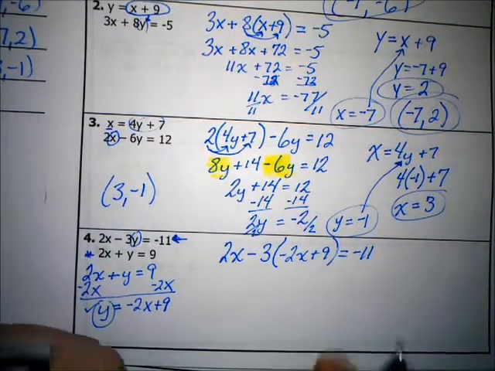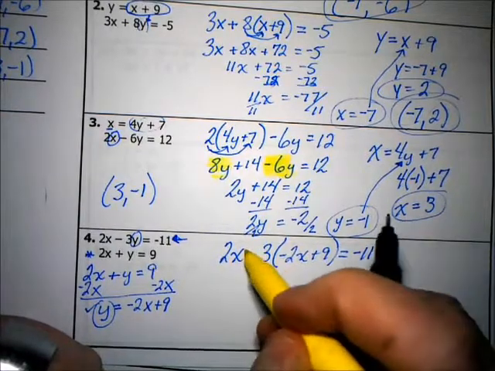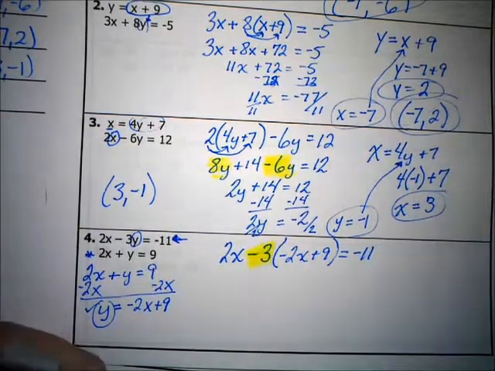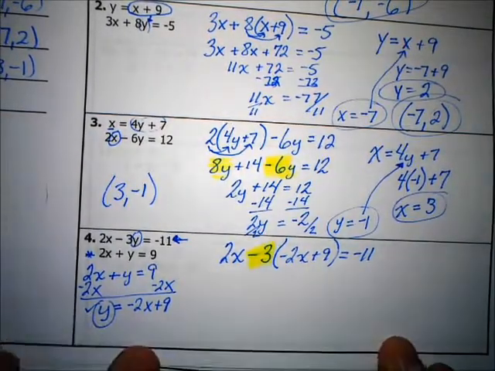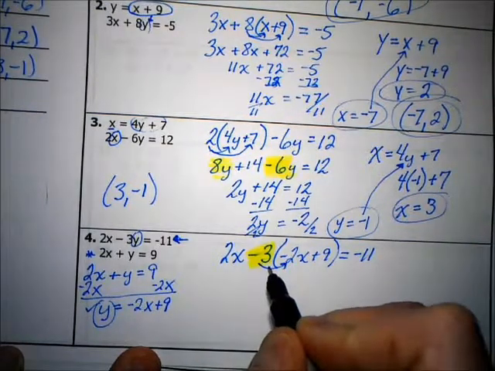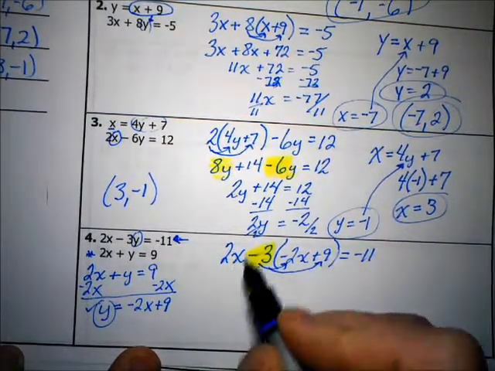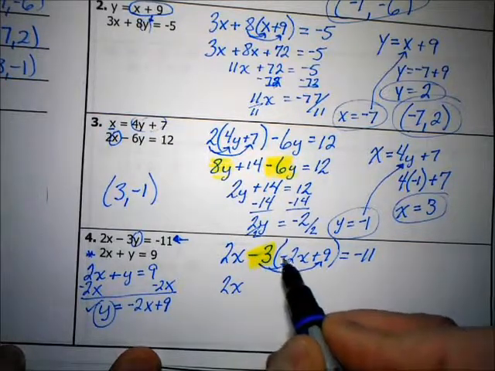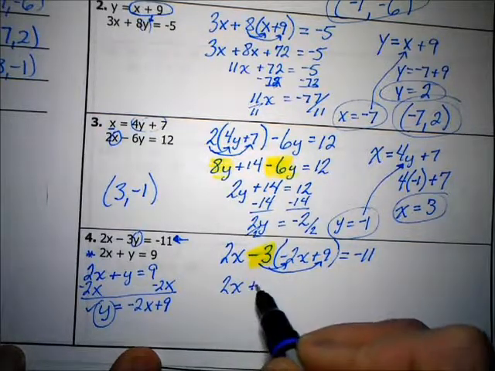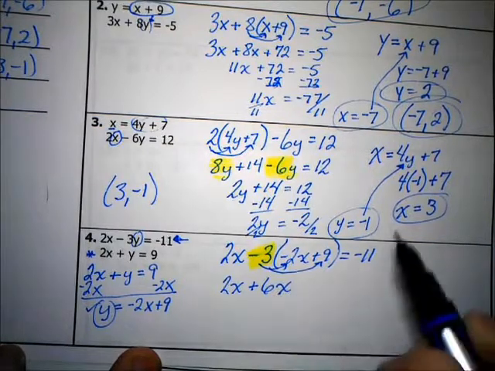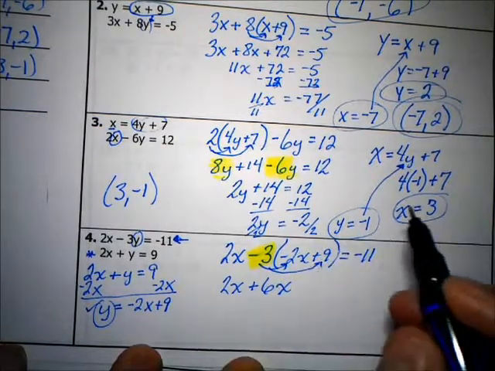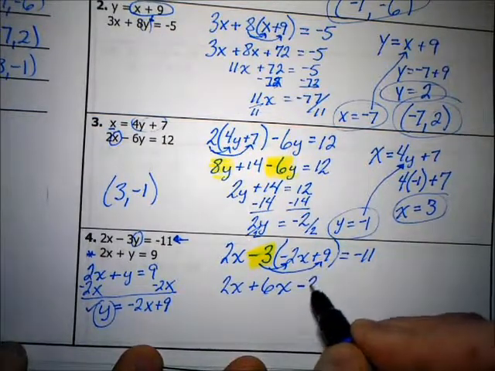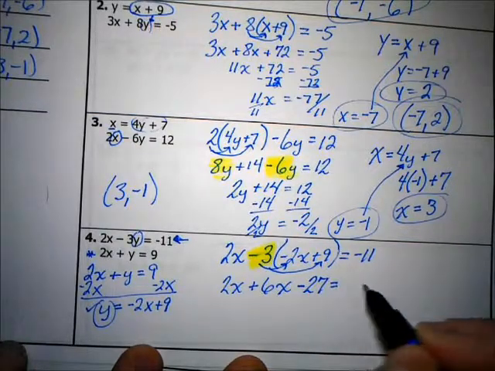Now when I multiply this, I got to be careful because this is actually a -3 that I'm distributing. I'm going to be multiplying into my parentheses. So I've got the 2x, -3 times a -2 is a positive 6x, and then -3 times 9 is a -27.